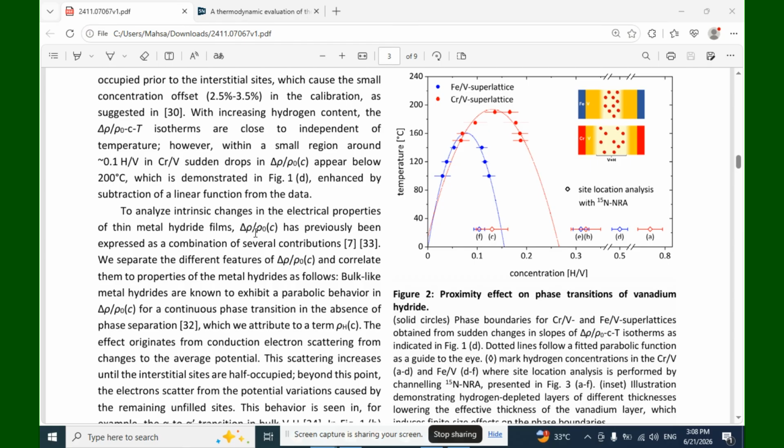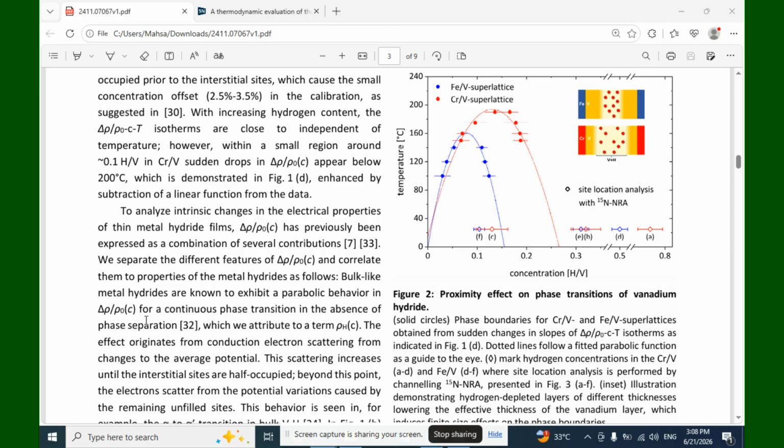Delta rho per rho 0 has previously been expressed as a combination of several contributions.